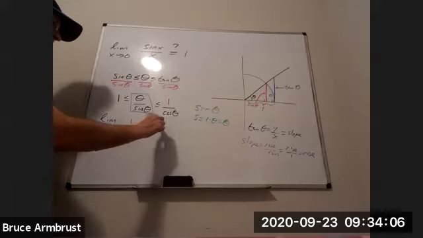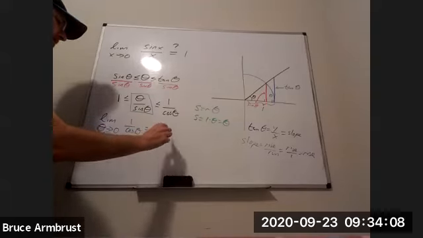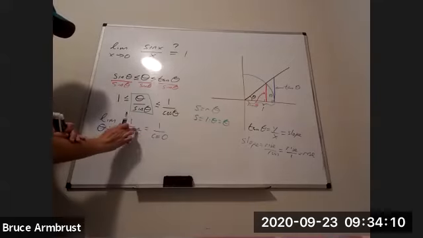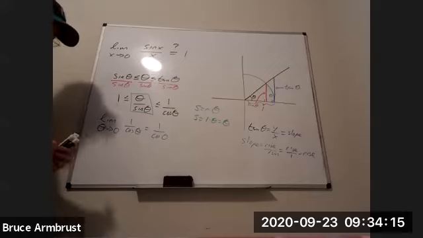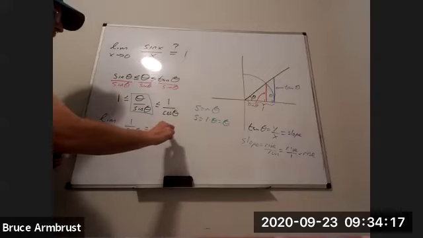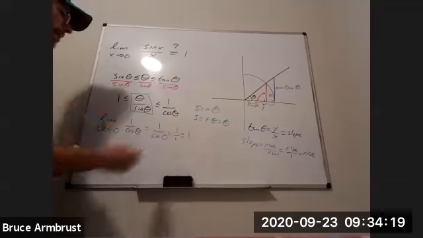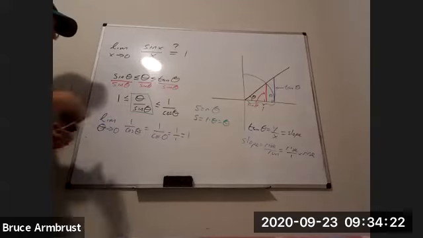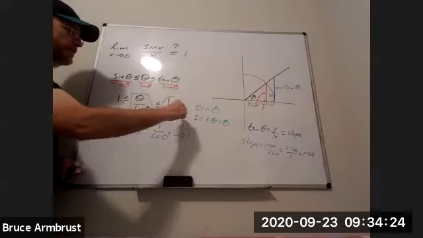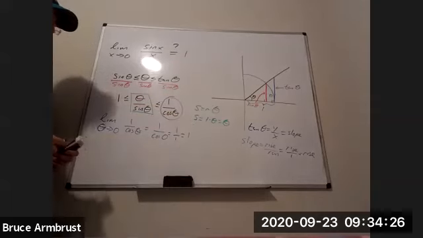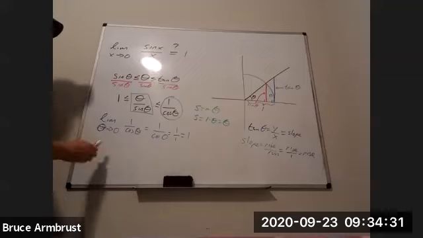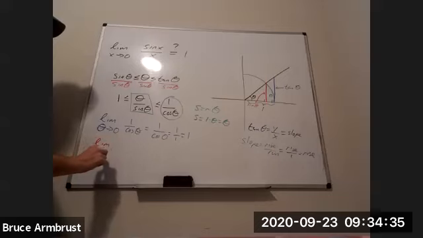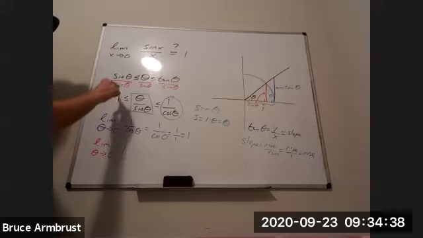Well, if you plug it in, because remember, we always try first just plugging it in, we get 1 over the cosine of 0. The cosine of 0 is 1. So I know that this function, the bigger function, goes to 1. All right, what about the smaller function? What about the limit as theta goes to 0 of 1?